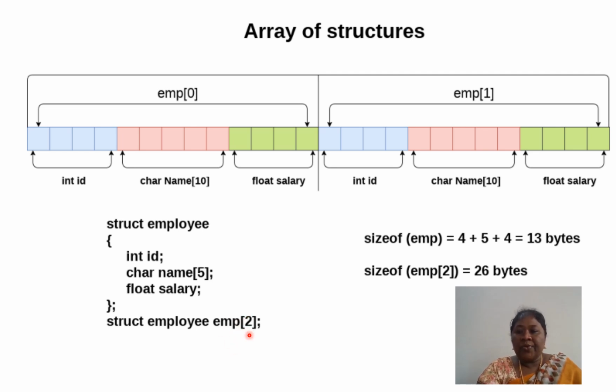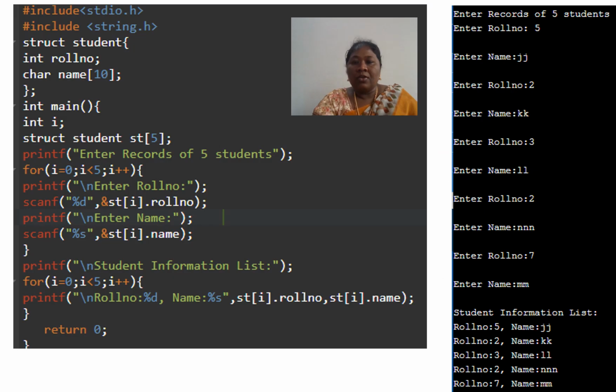Size 2 means indexes 0 and 1. So index 0 points to employee 1, and index 1 points to employee 2. This is how you handle two employees' details, but you only have to write one set of code. With the help of a for loop, this array access is possible. So here there is a program which is given.